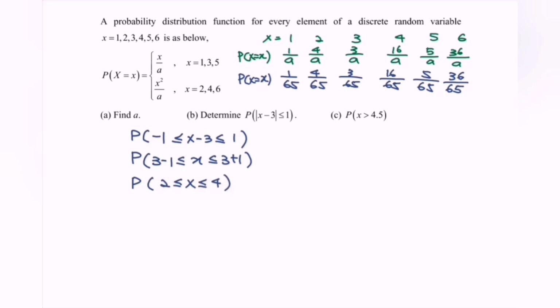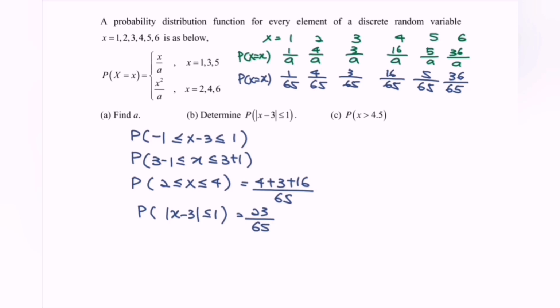Kindly refer to the table where we want 2, 3, and 4. So the probability will be 4 plus 3 plus 16 over 65. So the probability that the modulus of x minus 3 is less than or equal to 1 will be equal to 23 over 65.